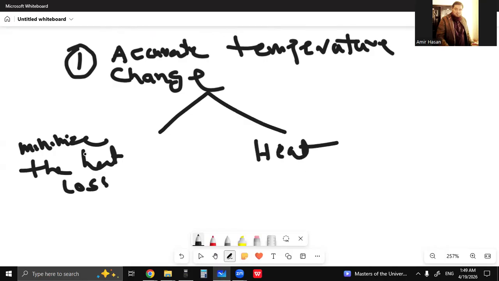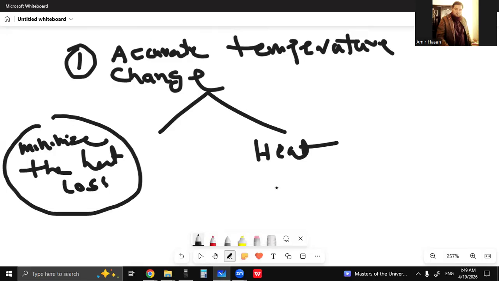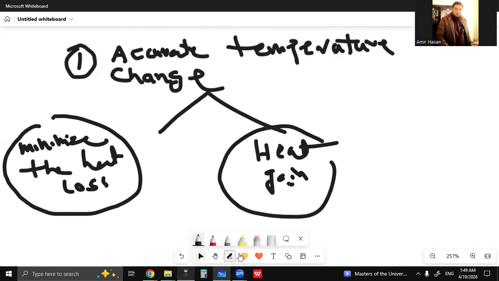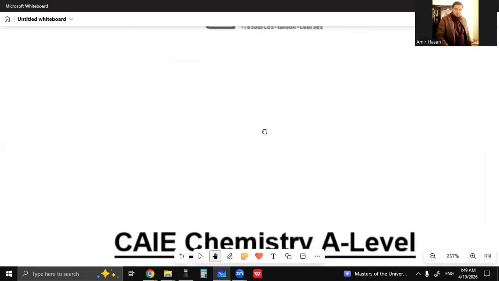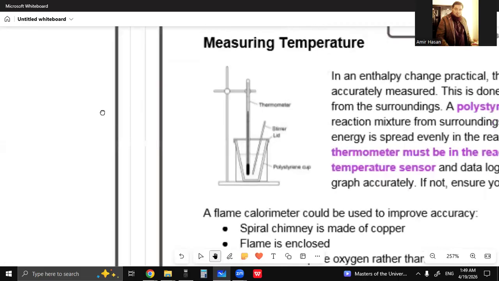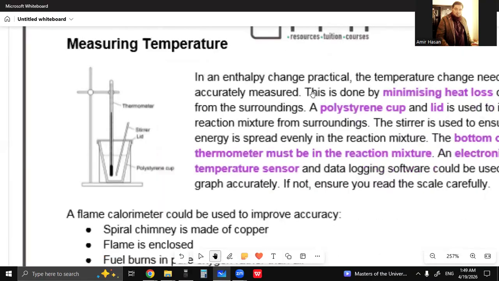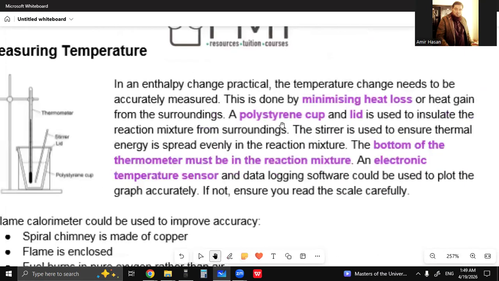For accurate temperature, it is necessary we minimize the heat loss and heat gain. Clear? Now, for enthalpy change we must measure the temperature accurately, and for accurate temperature, we need to minimize the heat loss or heat gain.